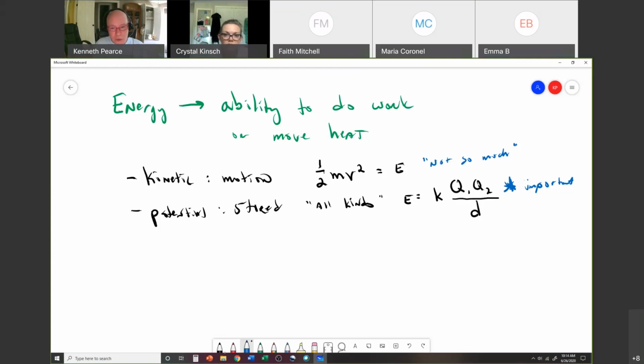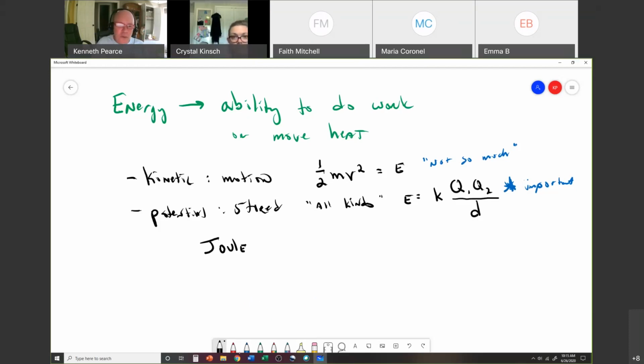So we have these two kinds of energy here. Now, I said energy, and I just kind of threw out that term, but we have units for that, okay? And so the unit for energy is something called the joule, okay? And the joule is defined in terms of SI units.